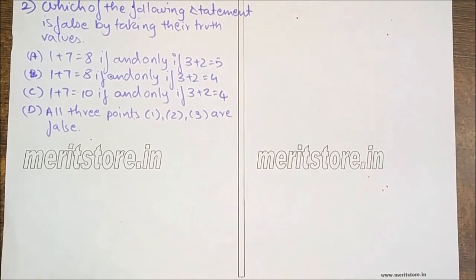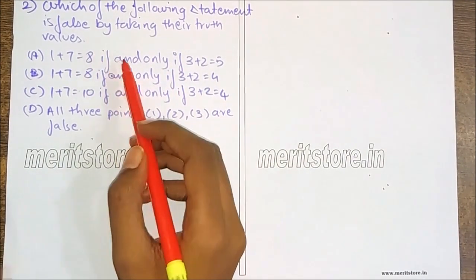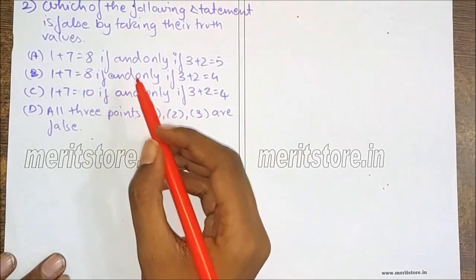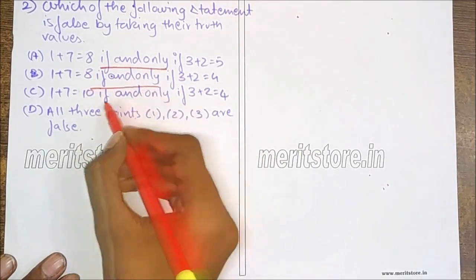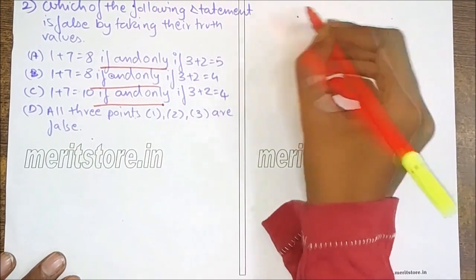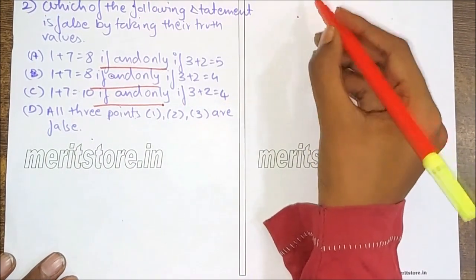The next question is, which of the following statements is false by taking their truth values? So these are the options. In these options, if and only if logic is used mostly. So first we'll draw the table for if and only if, that is the biconditional statement.